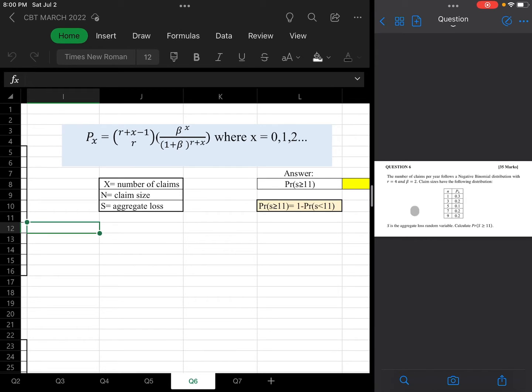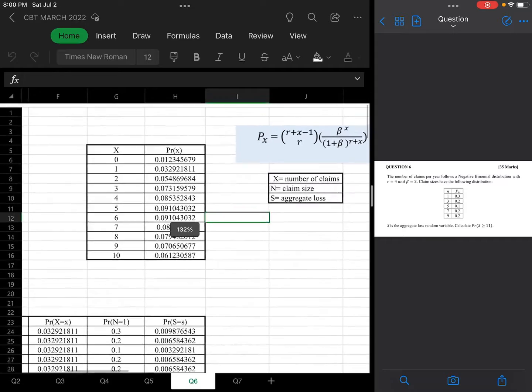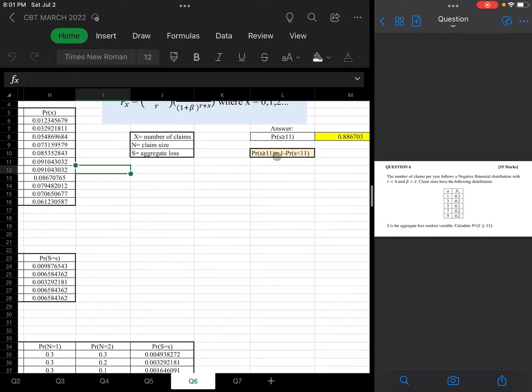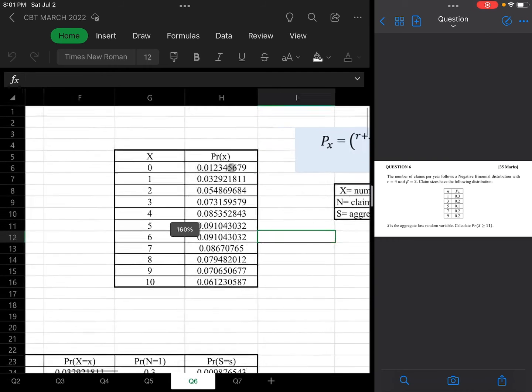In order to find the probability of s greater than or equal to 11, we must find 1 minus the probability of s less than 11. We can find the probability of s less than 11 by adding probabilities from s equals 0 until s equals 10. So before computing the probabilities of s, we must find the probabilities of x.